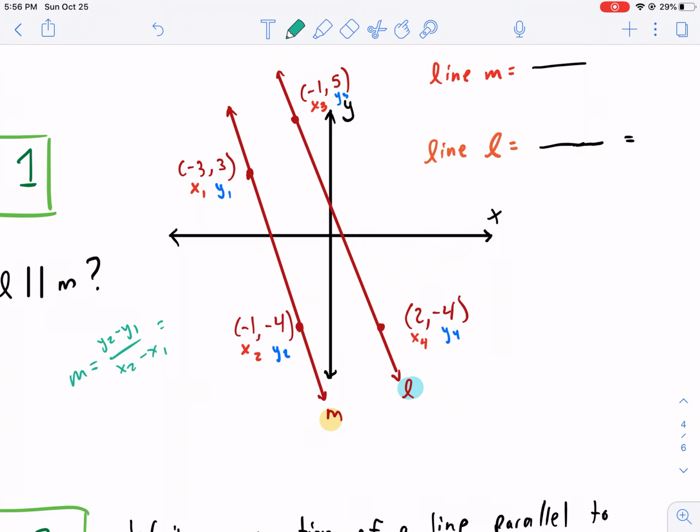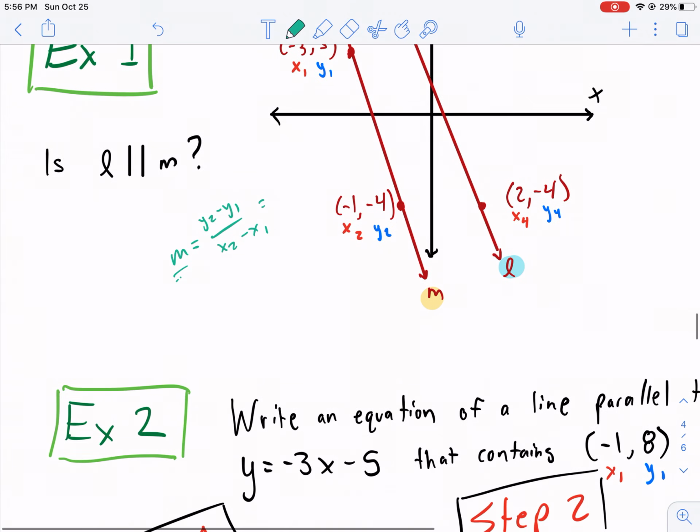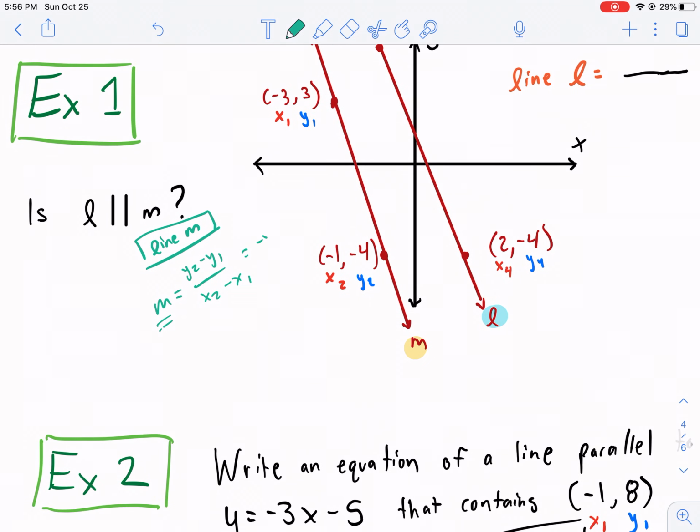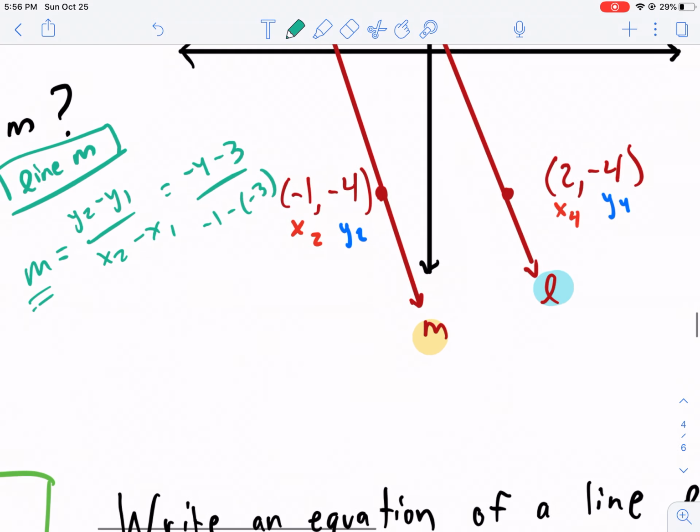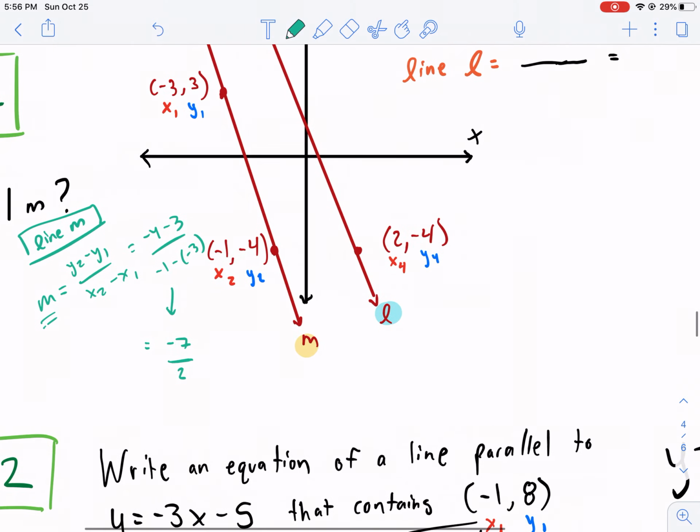So to find the slope of M, I say y2, my negative 4, minus y1, over x2, negative 1, minus x1, and that's negative 3. That equals negative 7 over positive 2. So negative 7 over 2 is my slope for M.